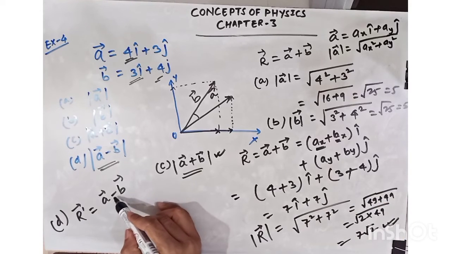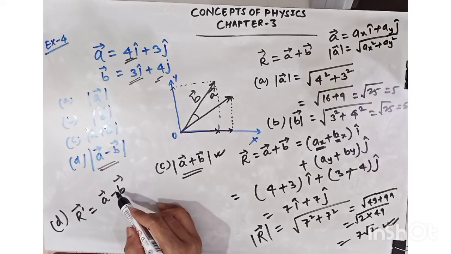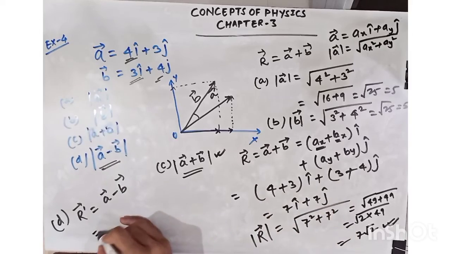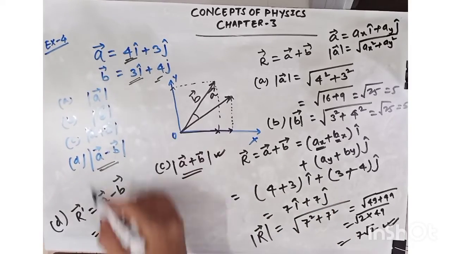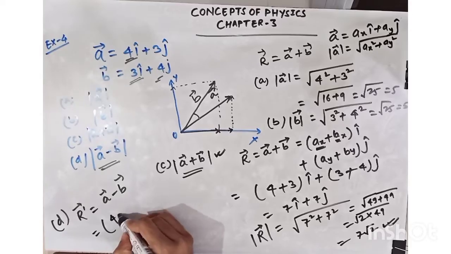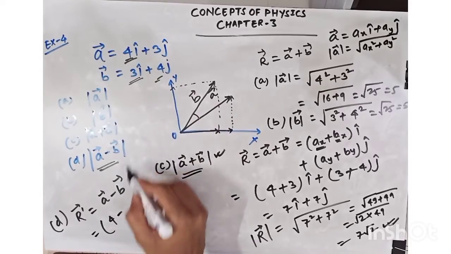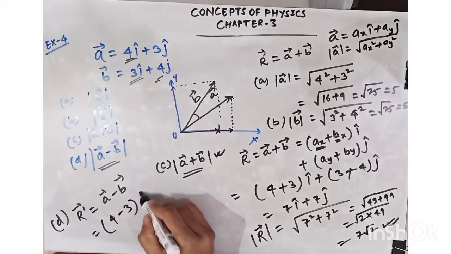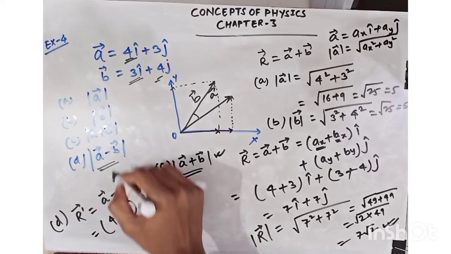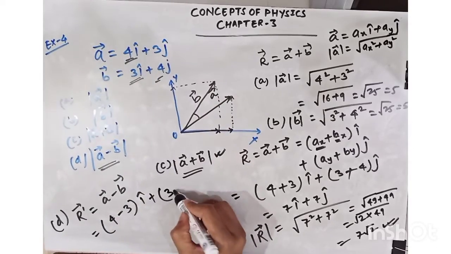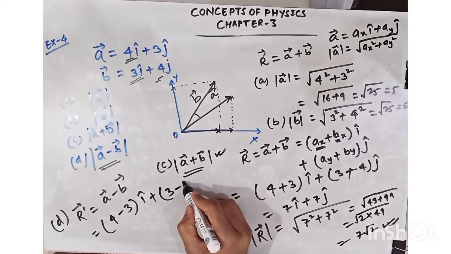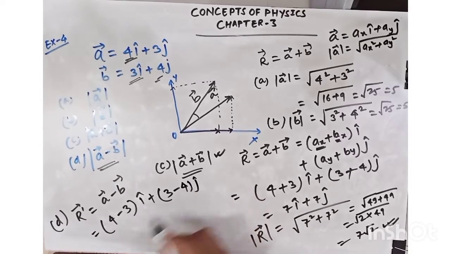Here it is just the opposite, so instead of adding we just need to subtract. So let's do that. The x component of A, 4, minus the x component of B, 3, i, plus the y component of A, 3, minus the y component of B, 4, j.